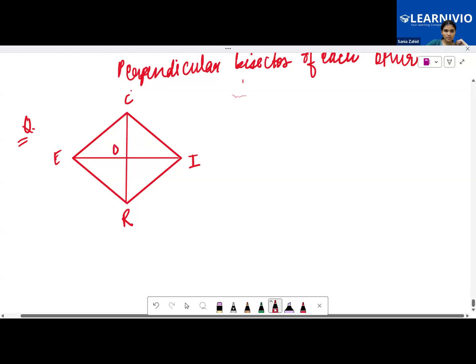Let's consider this is point O. This is X. This over here is X. This line is 12. This is 5 centimeters and this is Y. This is 13 centimeters and this is Z. Now you have to find X, Y, and Z. Can you do this question?